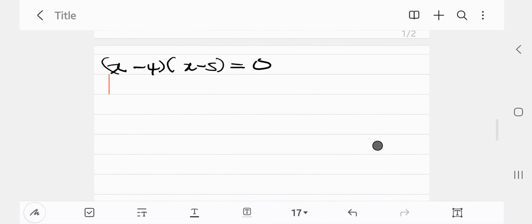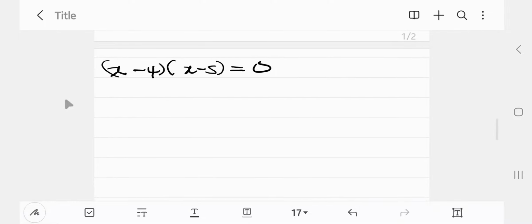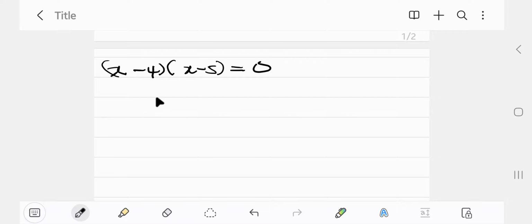The next thing is for us to equate each of the two brackets to 0. So here we have x minus 4 equal to 0, or x minus 5 equal to 0.